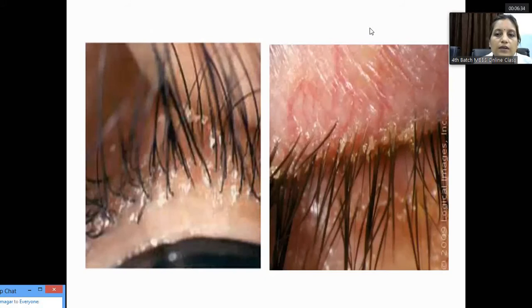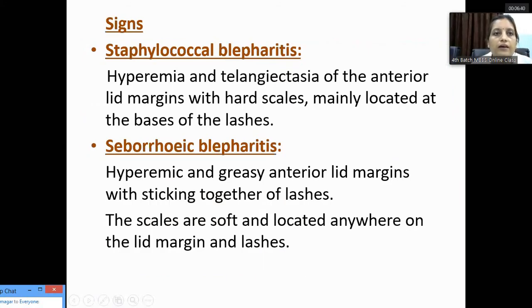You can see this type of crust in the margin. Depending upon the type, in staphylococcal blepharitis there is hyperemia and telangiectasia of the anterior lid margin with hard scales, mainly located at the base of the lashes. The lid margins are red, the vessels are more prominent, and the dandruff-type scales are harder.